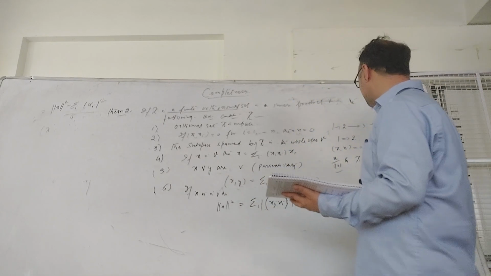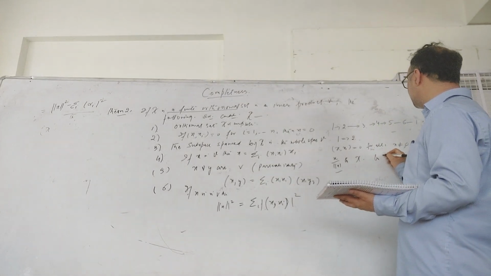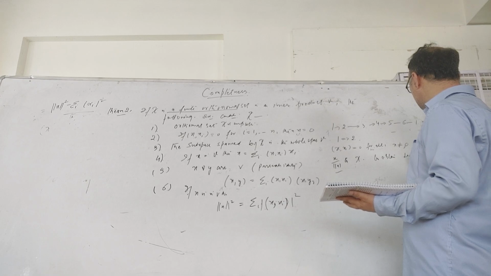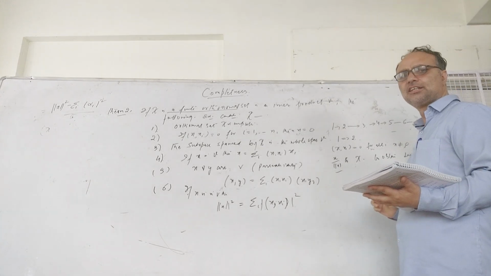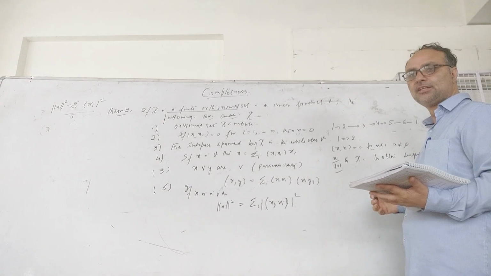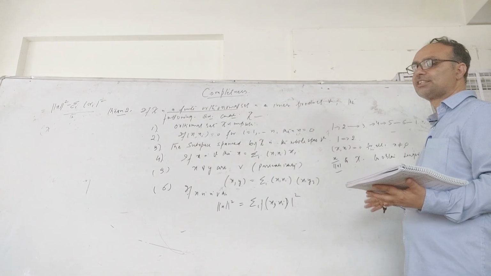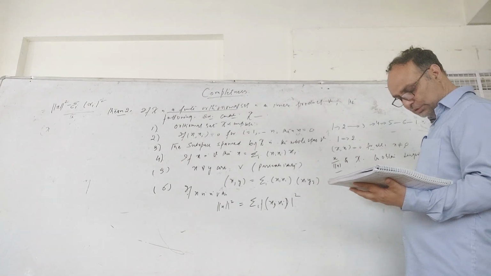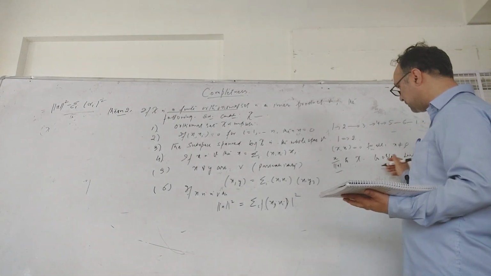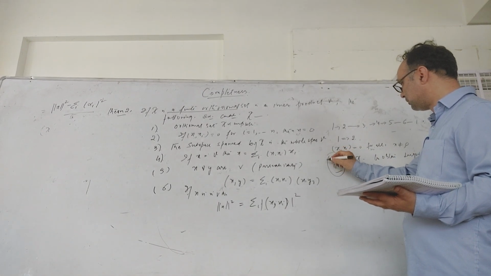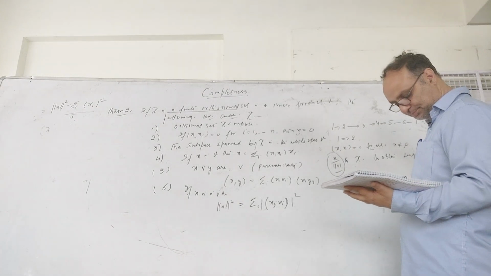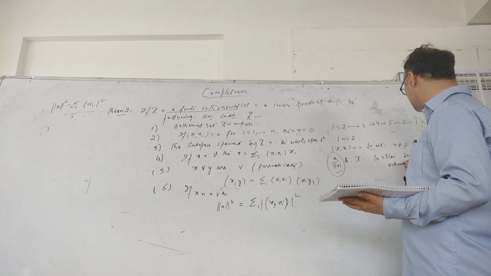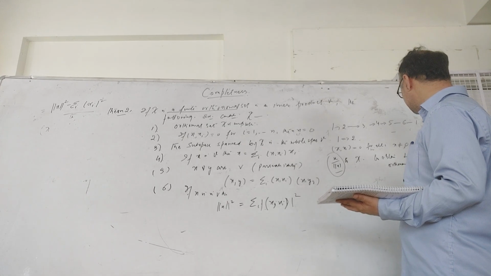So we may adjoin this to χ to obtain a larger orthonormal set. So in a sense, the orthonormal set is complete in itself. But if you want to construct a larger orthonormal set from a given orthonormal set, we may adjoin it with this thing to obtain a larger orthonormal set.